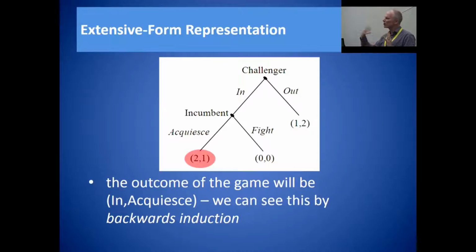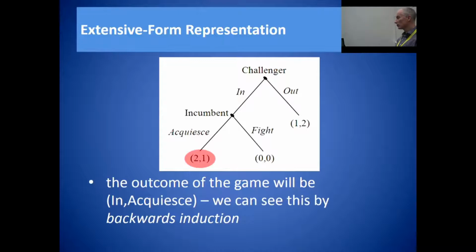Now, as I said, for the moment I don't want to give you any theory, but I want to go through the thought processes that you would arrive at, and show you that what you arrived at was actually based upon economic theory. Think about the challenger. The challenger knows that he moves first. Does he choose in, or does he choose out? He would have reasoned, if I stay out, the game ends. But what would happen if I chose in?